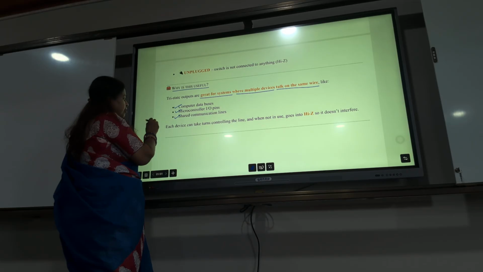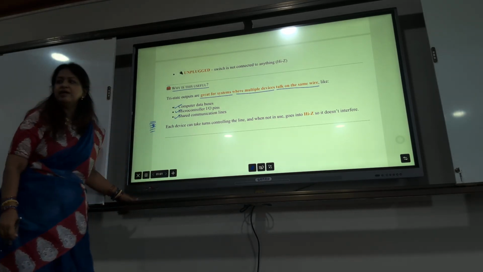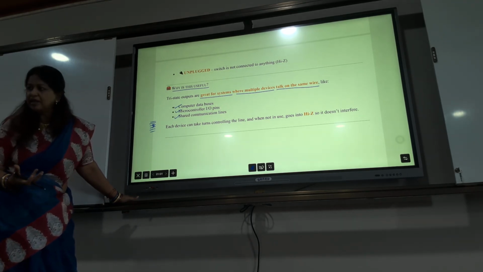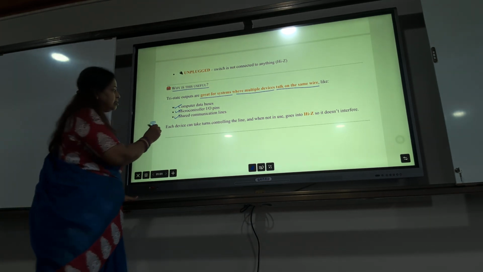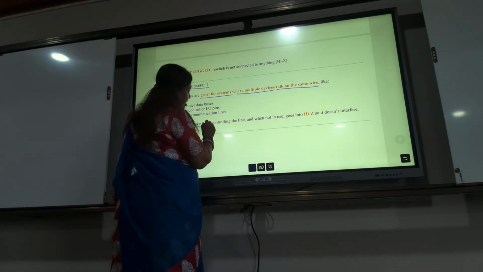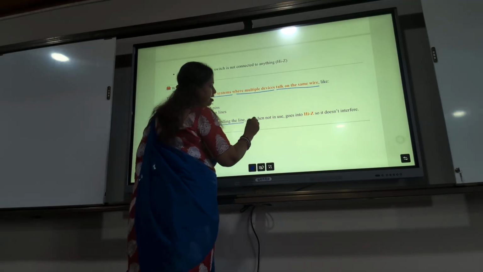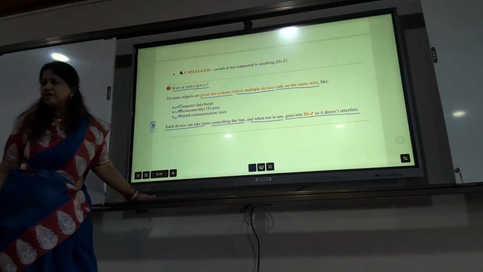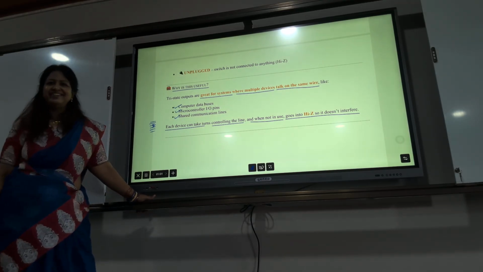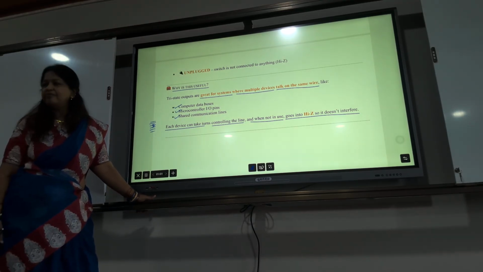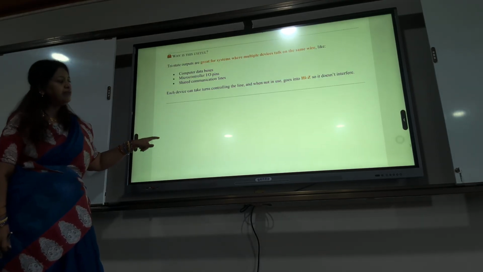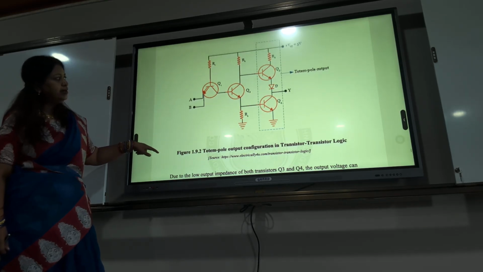They can make certain connections hold by this high impedance. It is something like a non-connection. So each device can take turns controlling the line, and when not in use it goes into the high impedance state so that it will not interfere. Okay? Such conditions arise especially in multiple devices where they are interacting.